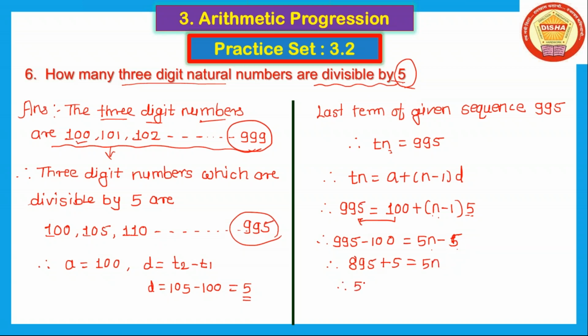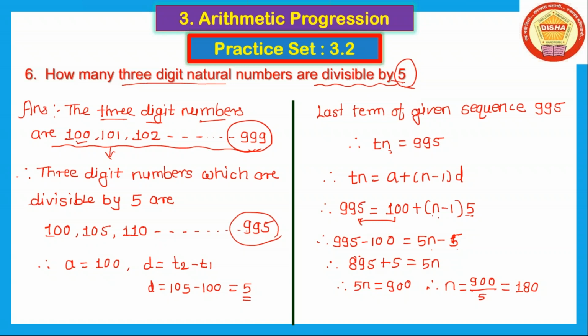Means 5n is equal to, we are doing addition, and the addition of this term is equal to 900. Then we find n. n is equal to 900 upon 5, which is equal to 180. Means the value of n for the given example is 180.